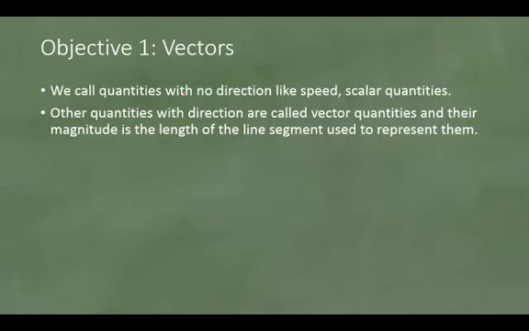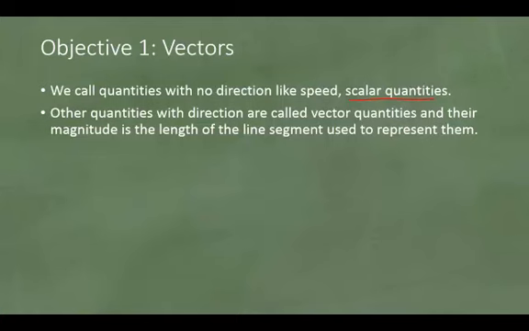Okay, so we call quantities with no direction, like speed that we talked about just now, scalar quantities. So that's just numbers that, for the most part, we're not going to call vectors. Other quantities with direction are called vector quantities, and their magnitude is the length of the line segment used to represent them.